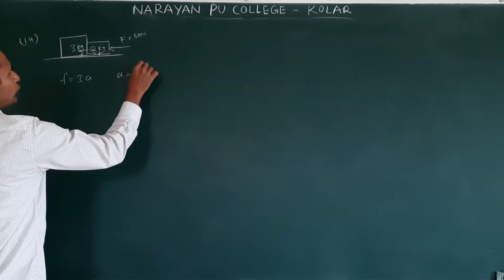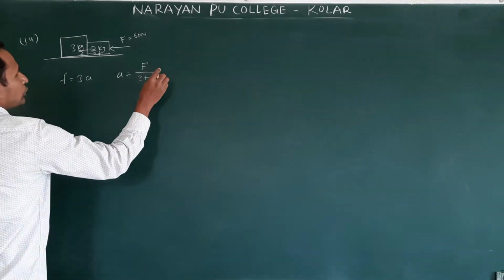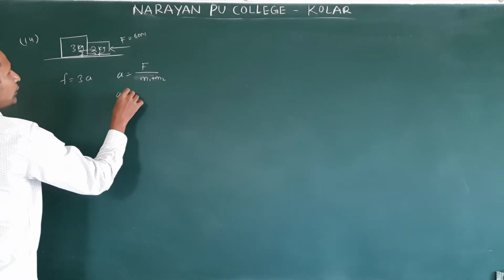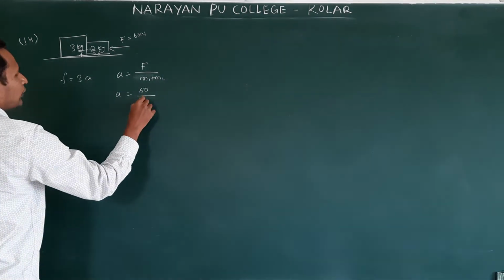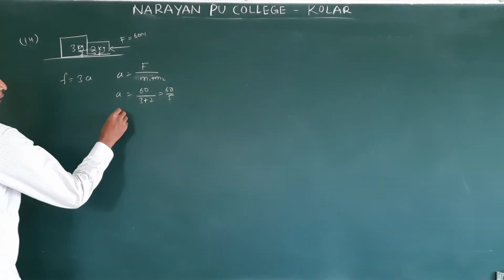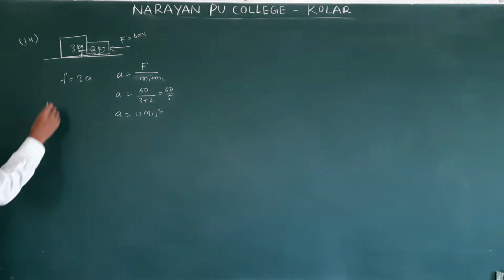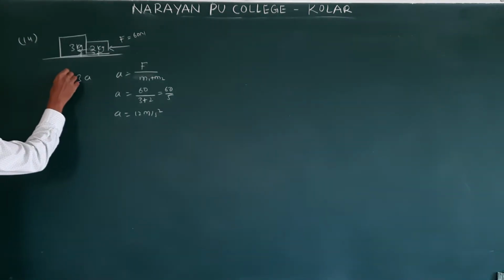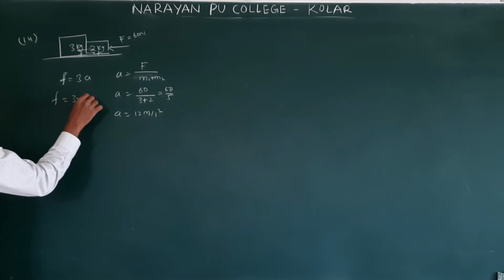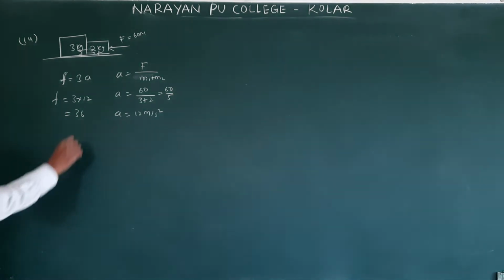Acceleration A is equal to total force applied by total mass, 3 plus 2, or we can write m1 plus m2. So A is equal to 60 by 3 plus 2, 60 by 5. So A is equal to 12 meter per second square. Then the contact force, not friction here, you take this as a contact force. Then f is equal to what? 3 into 12, which means 36 newtons.